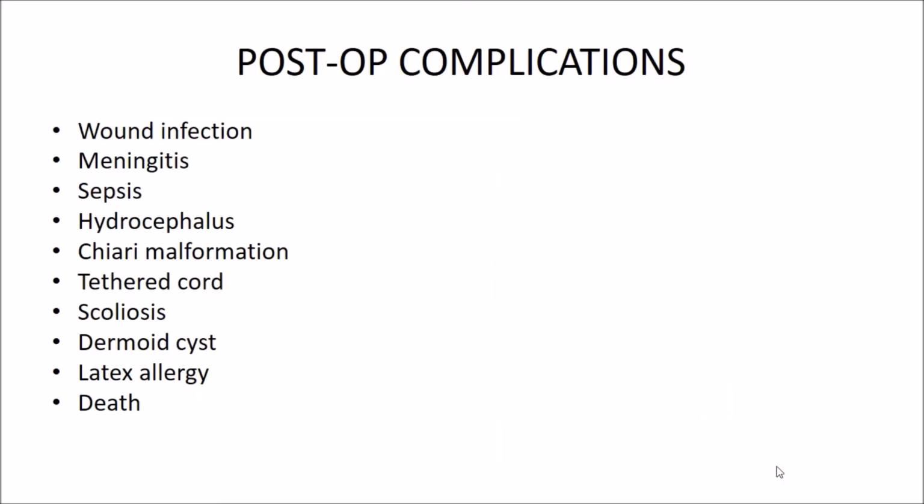So these can be the post-op complications. Top of the list are wound infection and meningitis. Then sepsis, coming from this meningitis, can be a post-op complication, and hydrocephalus is one of the commonest complications after wound infection and meningitis.